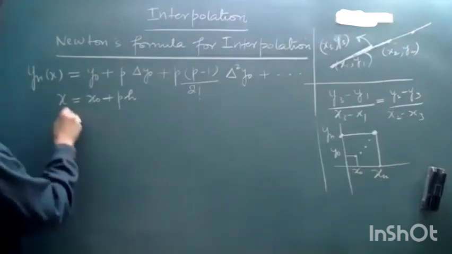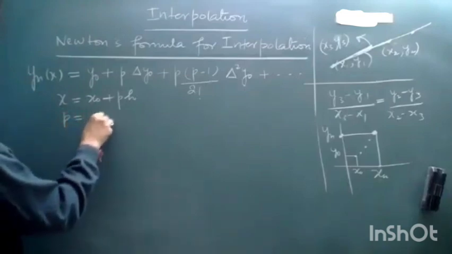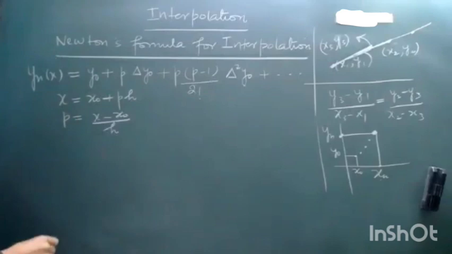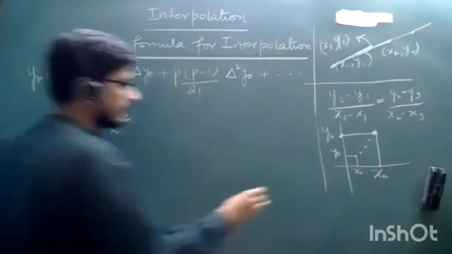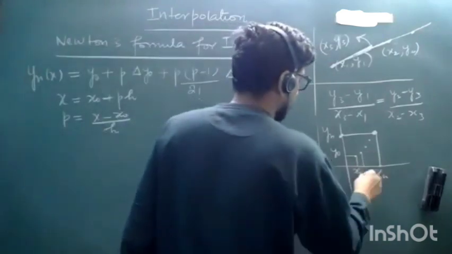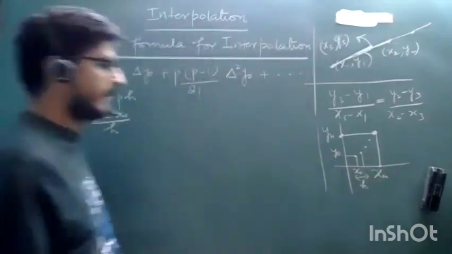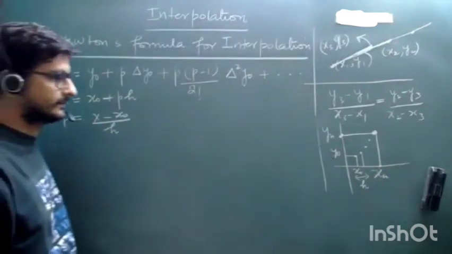So what will be the value of p here? It will be x minus x naught over h, and h is the difference between the 2 points. Like here x naught, x1, these are the points. So this is the difference, h, the step size.